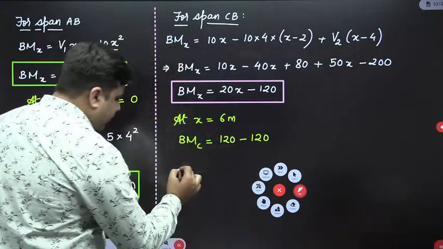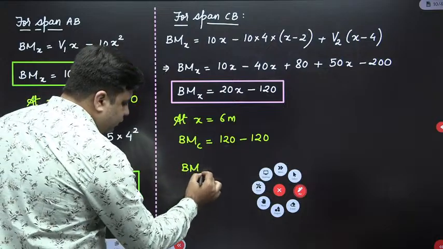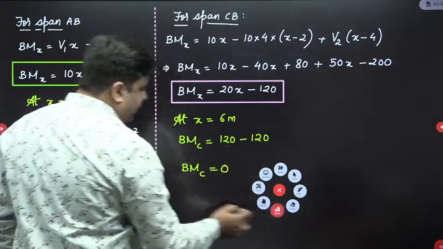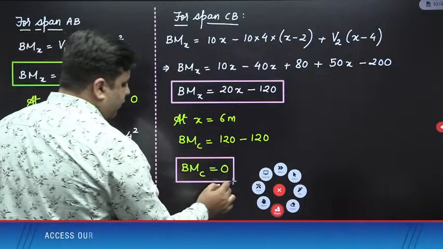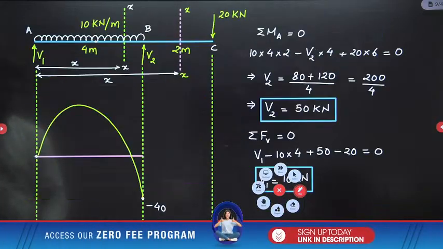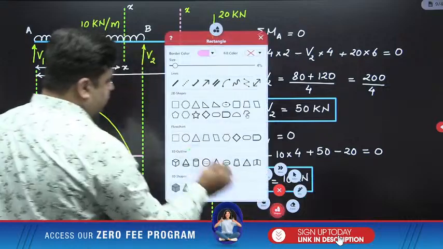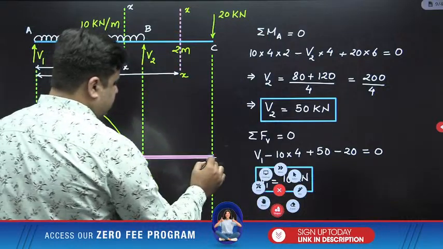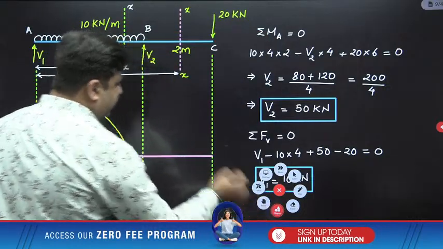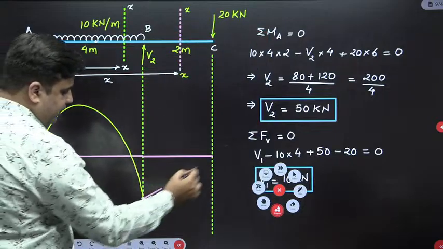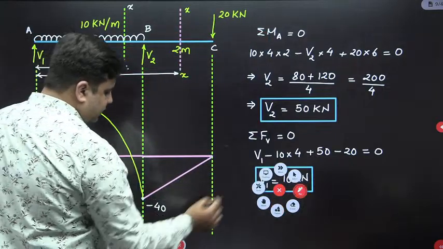So bending moment at C is equal to 0, right? So just plot the bending moment diagram here. From this point, the bending moment variation will be linear like this.